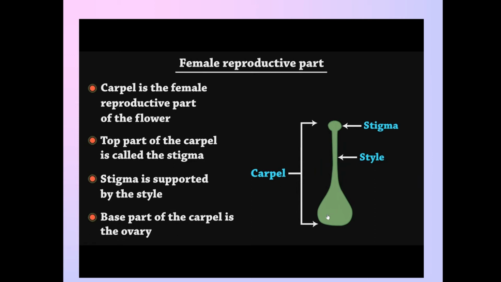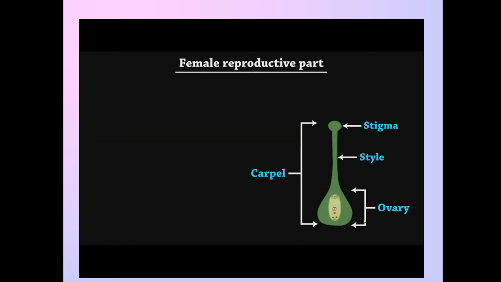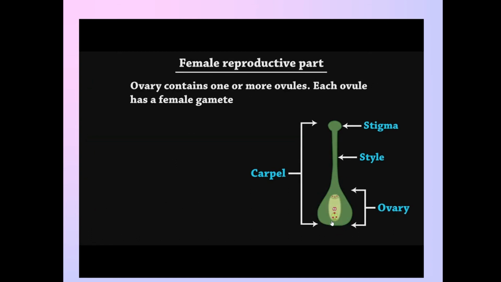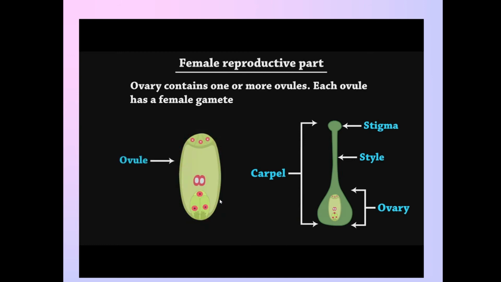The base part of the carpel is the ovary. Ovary contains one or more ovules. Each ovule has a female gamete.